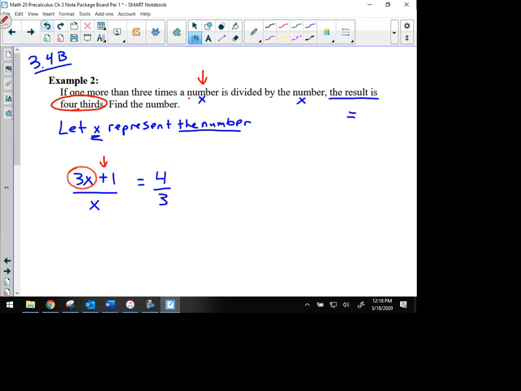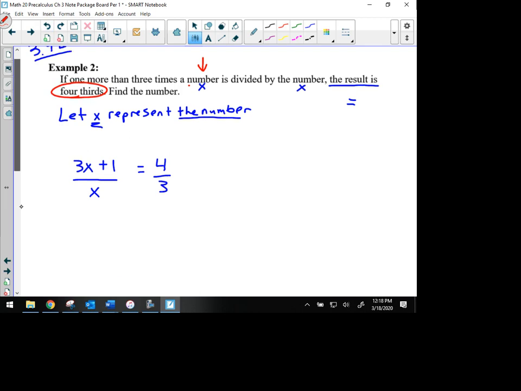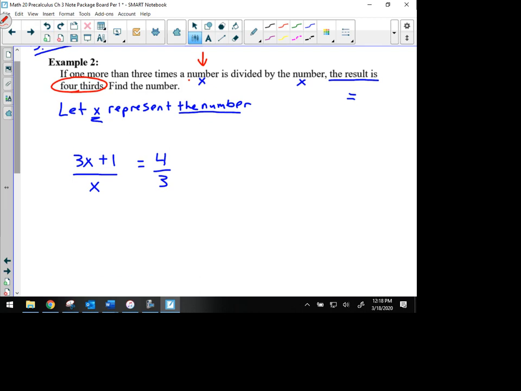So all that's left, once we have the equation, is to solve it. One thing we talked about in our previous video in 3.4a was that we can multiply our equation by a lowest common denominator. That's what we'll do in order to be consistent with the previous examples.